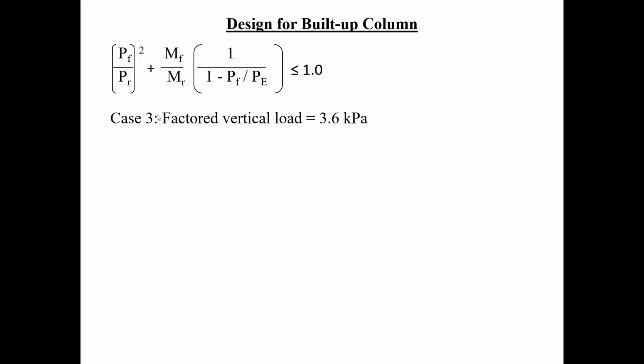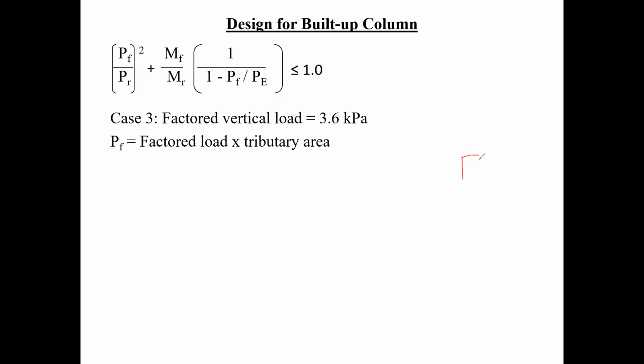So here, from case number 3, we know that our PF value is 3.6 kPa. That we don't have to recalculate, because the factored loads are factored loads, and the biggest factored gravity load comes from load combination number 3. Now, what we need to do is calculate the PF, and whenever you need the PF, here's my column.